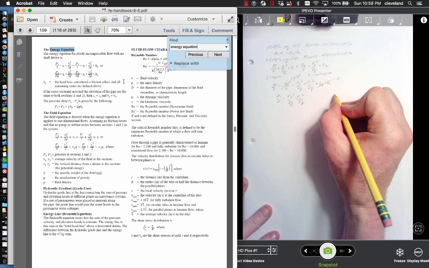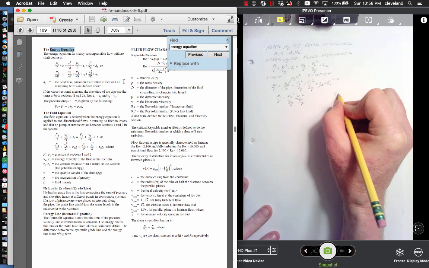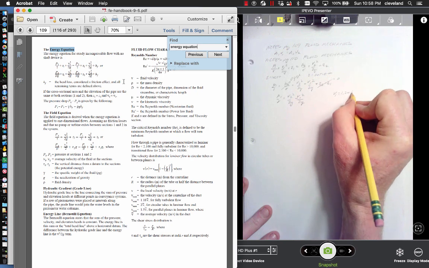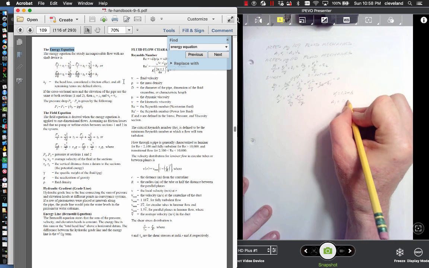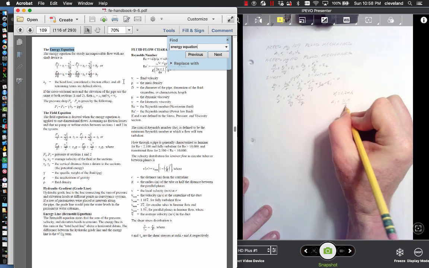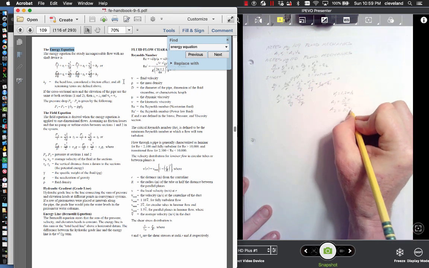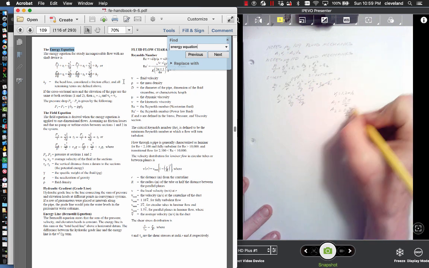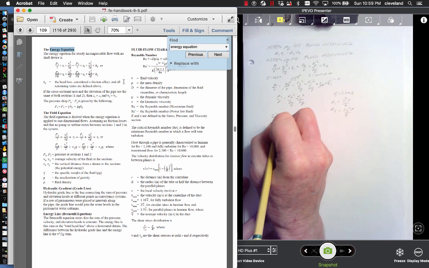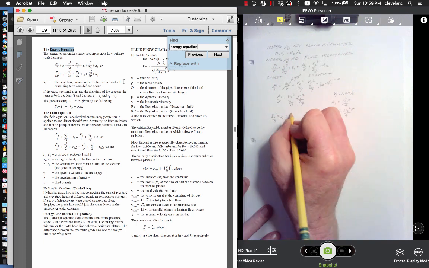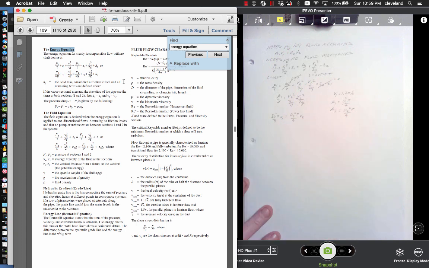So now we have to find the two velocities. We're told that V1 is equal to 1.2 meters per second. We know that A1 is D1 squared times pi over 4, and A2 equals D2 squared times pi over 4. Let's apply continuity. D1 squared pi over 4 V1 equals D2 squared pi over 4 V2.